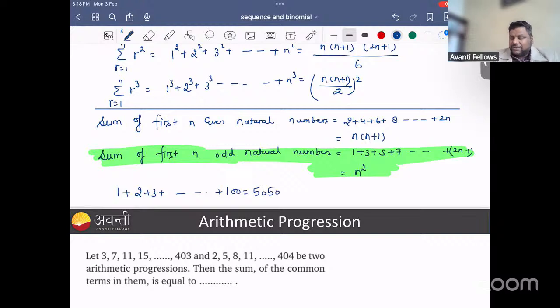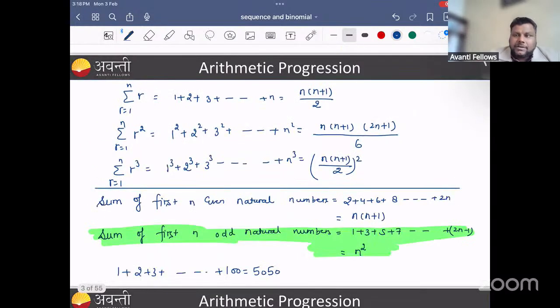I think this many results you should remember, and you can remember. Got it?